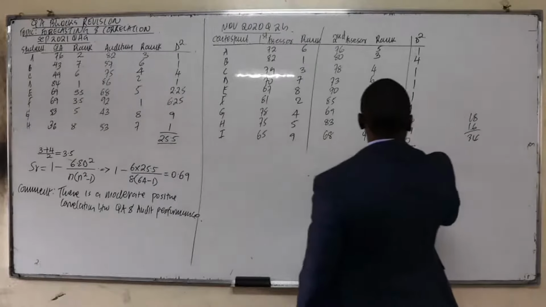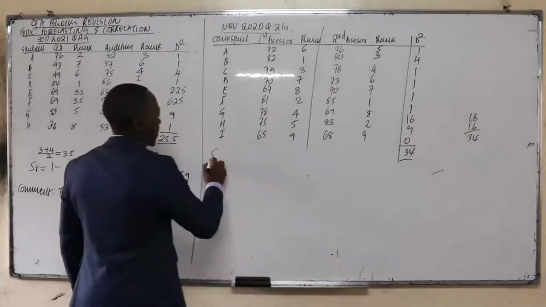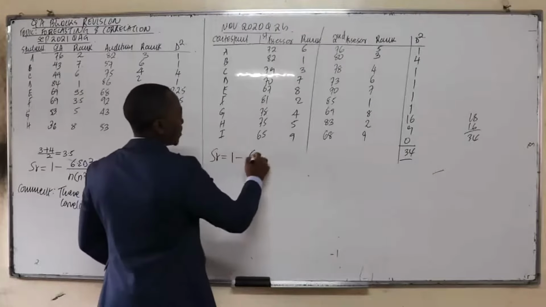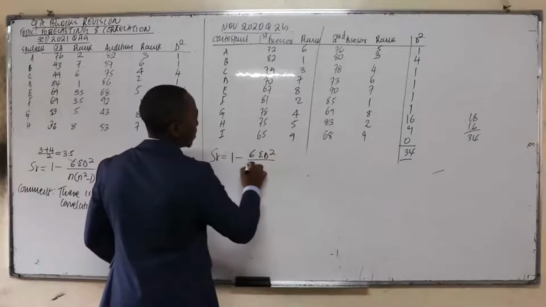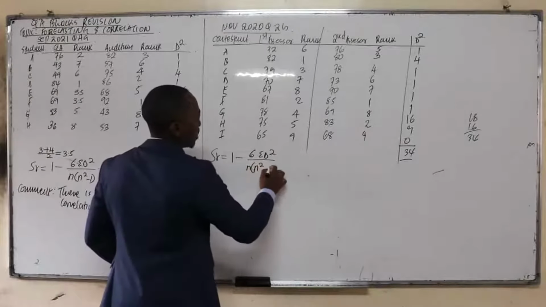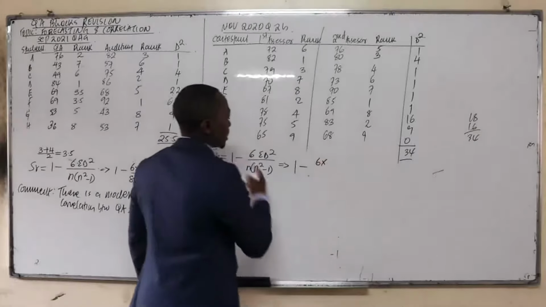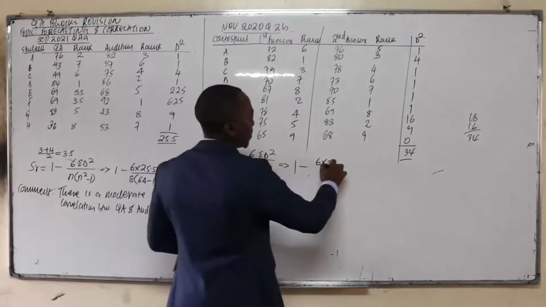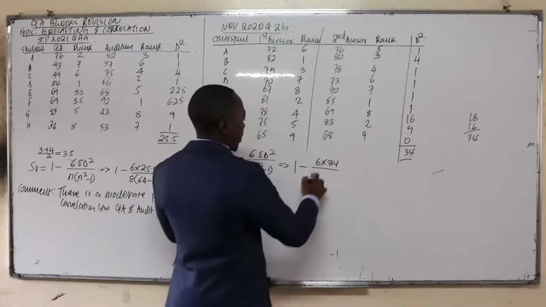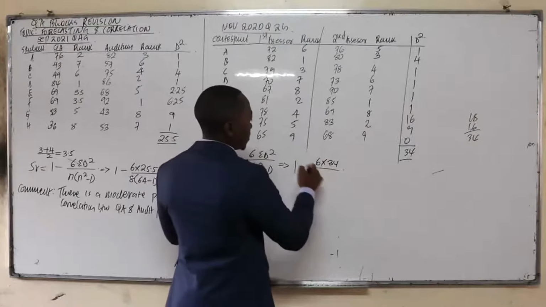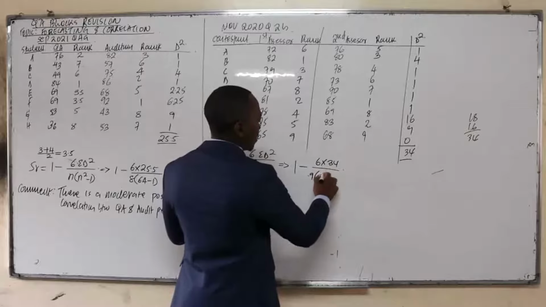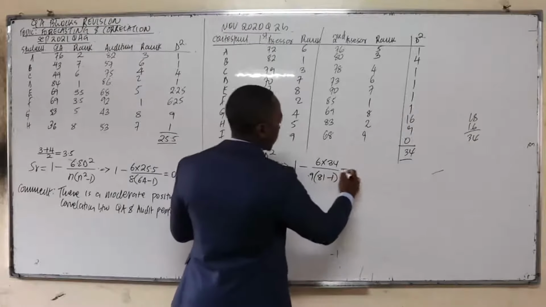So you have 34. So Spearman's rank is 1 minus 6 summation of d squared over n squared minus 1. So it will be 1 minus 6 times summation of d squared, which is 34, and there were 9. 9 squared is 81, minus 1.